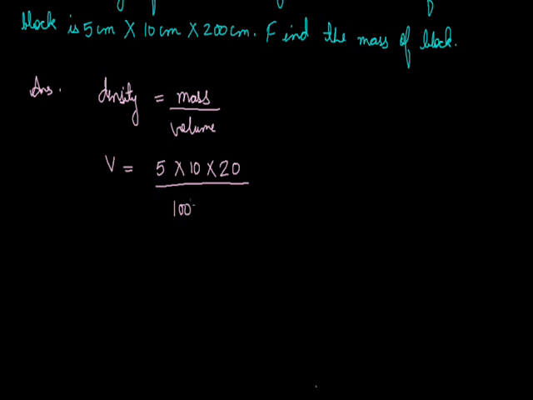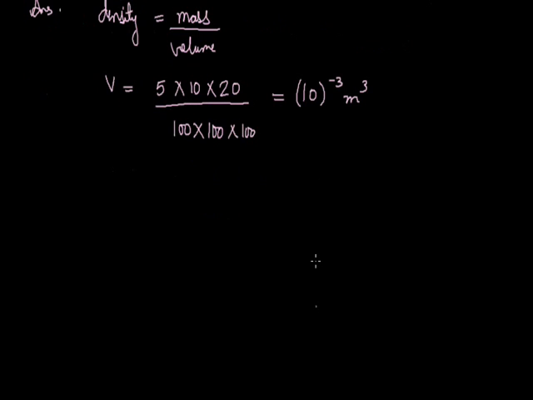On changing it into the SI system, everything has to be divided by 100. So that will be 0.05 into 0.1 into 0.2. On solving it, we will be getting 10 raised to the power minus 3 meter cube. So this is the volume of the block, and density is given in the SI system.